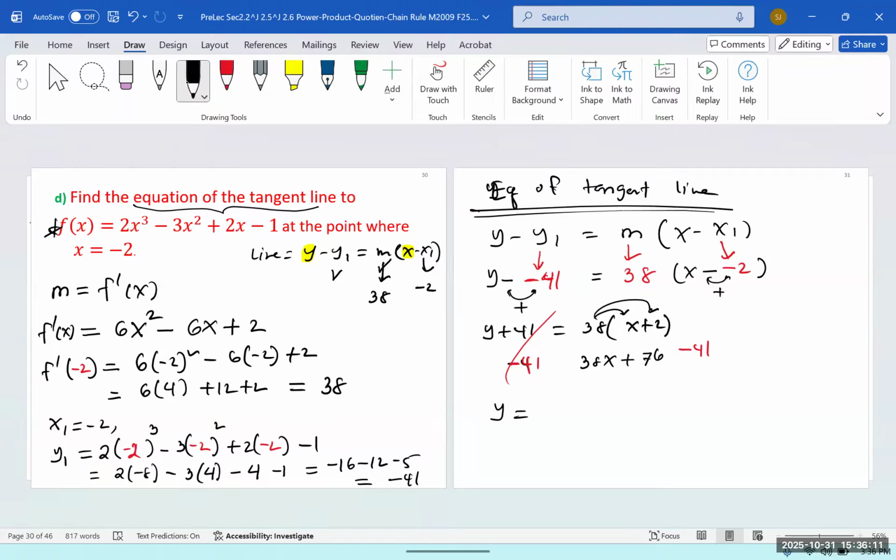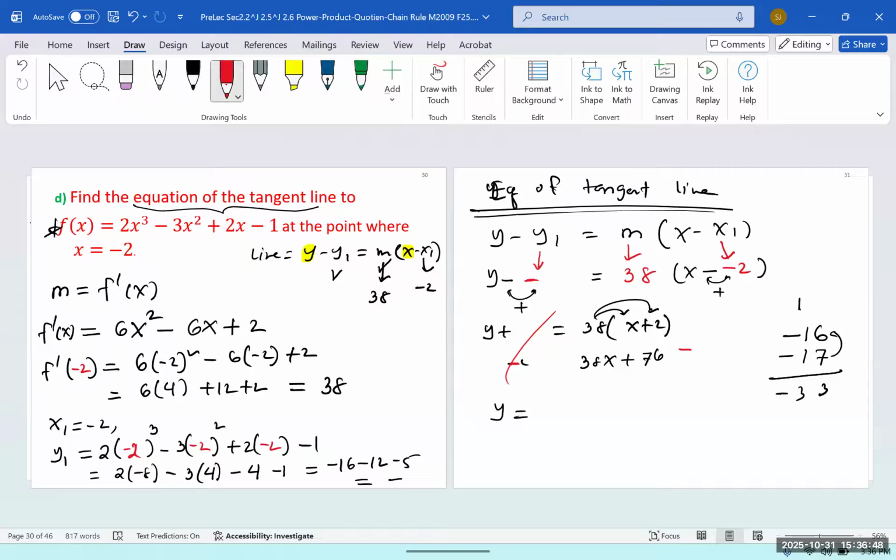I think y1 is also wrong. I trusted you guys. So -16, and then we have -17. 12 and 5 is 17, so -16 minus 17 is -33. How did you get -41? One mistake, and the entire class is wrong.